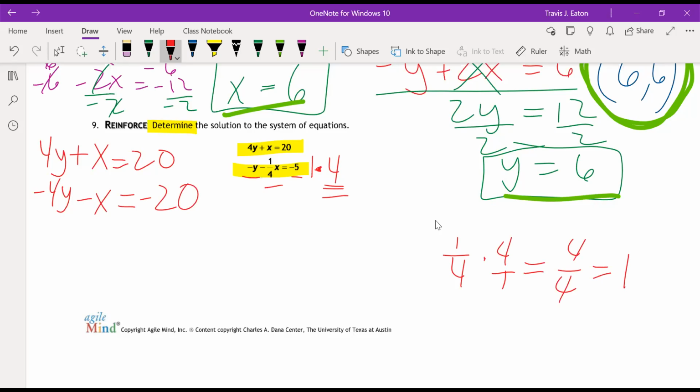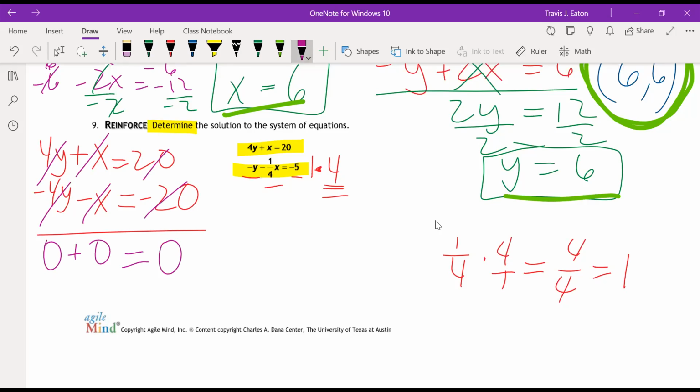Now when we go to combine these two equations, 4y and negative 4y cancel each other out to make 0. Positive x and negative x cancel each other out to make 0. And 20 and negative 20 make 0 also. So what we end up with is 0 equals 0. Is that a true statement?